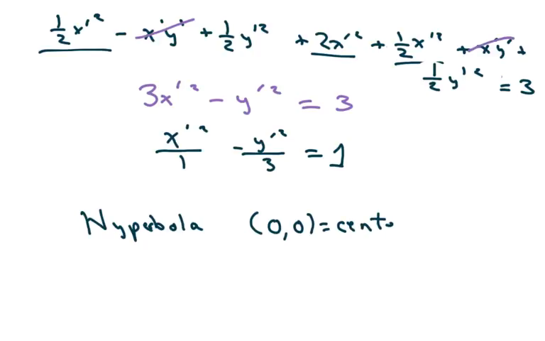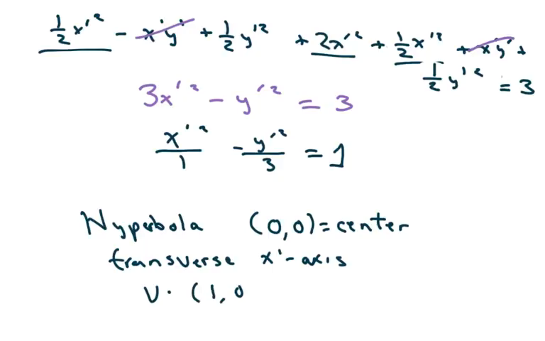The transverse axis, which is the major one, is the x prime axis. And we have vertices at 1, 0 and negative 1, 0.